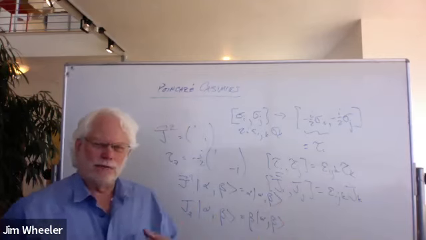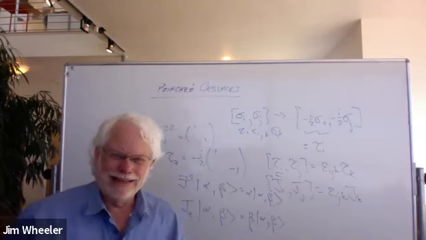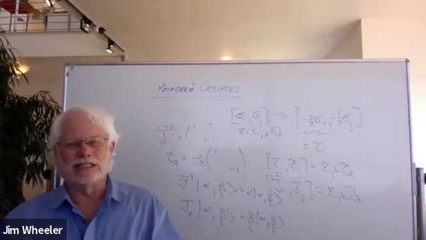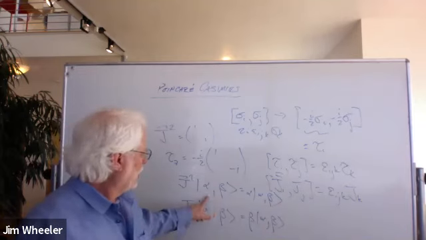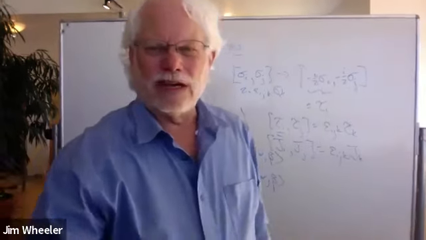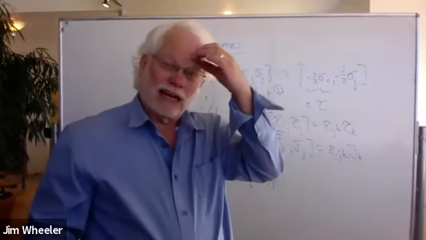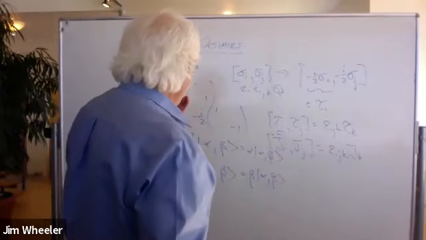So we should be able to label all representations of the rotation group by two numbers: the eigenvalues of J squared and the eigenvalues of Jz.